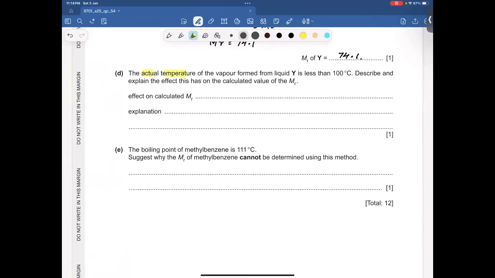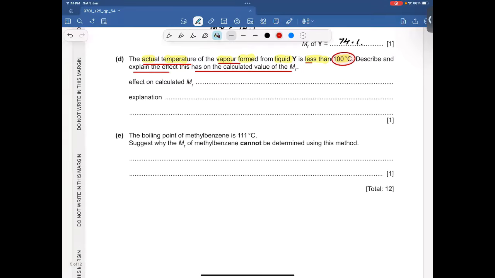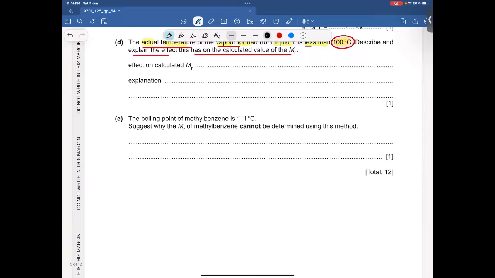The actual temperature of the vapor formed from liquid Y is less than 100 degrees Celsius. So the actual temperature is lower, but the student uses 100 degrees Celsius in the experiment. Describe and explain the effect that has on the calculated value of the MR. That's tricky. We have two different scenarios here.